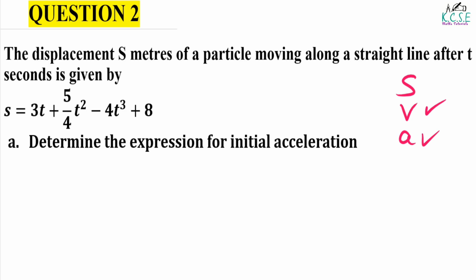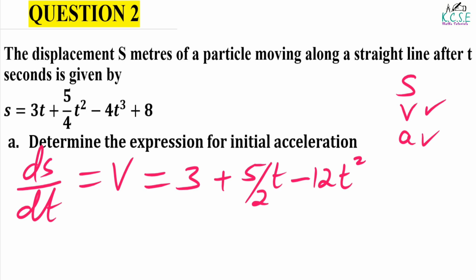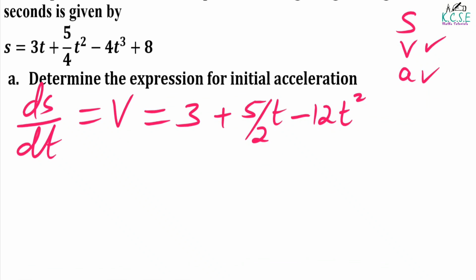The first thing, we differentiate displacement with respect to t, that is ds over dt. This will give velocity, and when you differentiate this, we get 3 plus 5 over 2t minus 12t squared. Then after obtaining velocity, we differentiate it again.